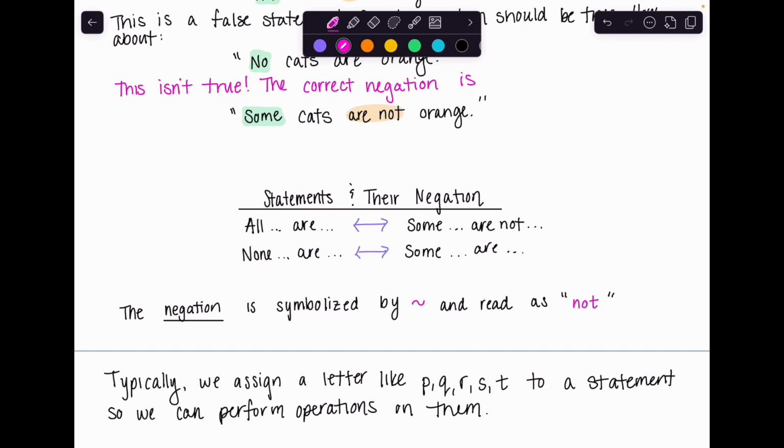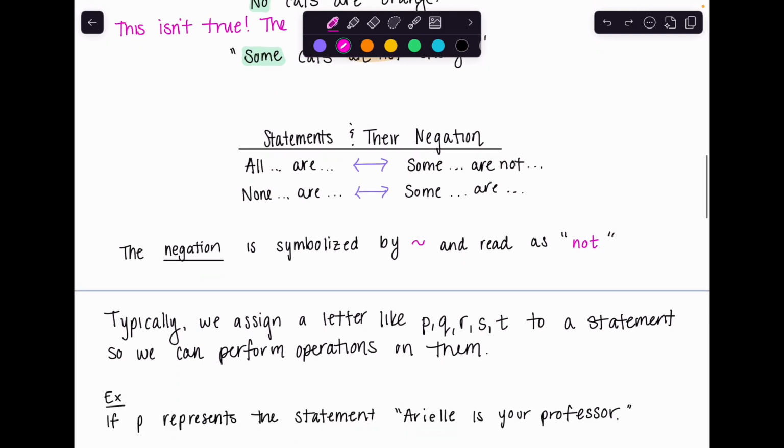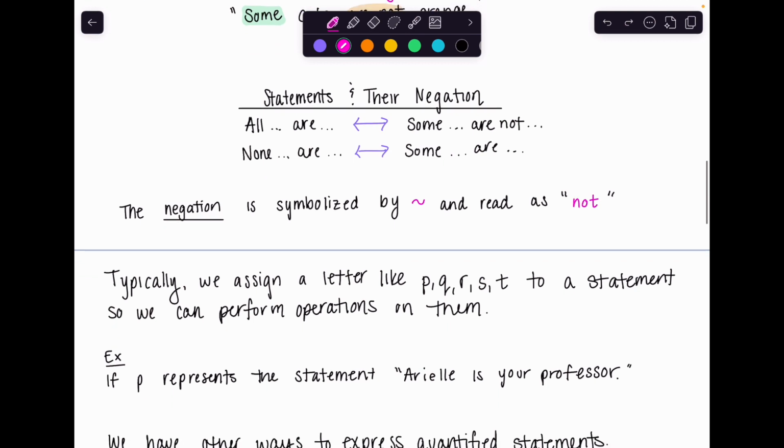Okay. So what I would write is something like, if I have the statement P, I would write not P to say take the negation of it. So ultimately you're going to change it to the opposite meaning. Okay. So let's try an example.